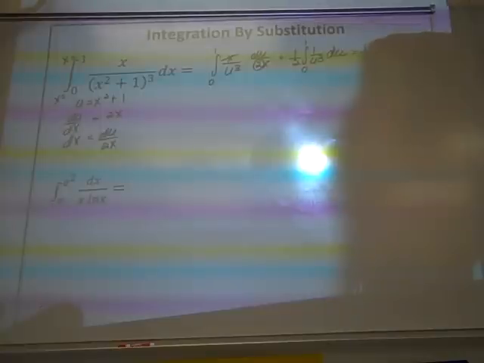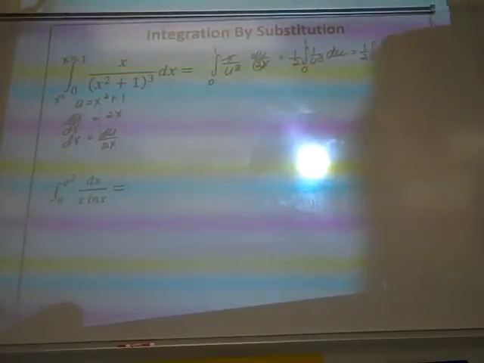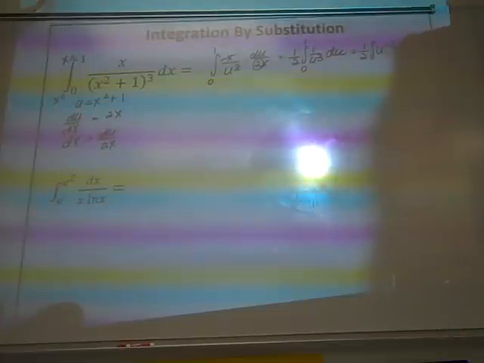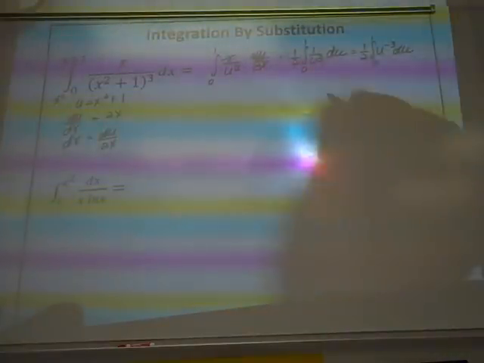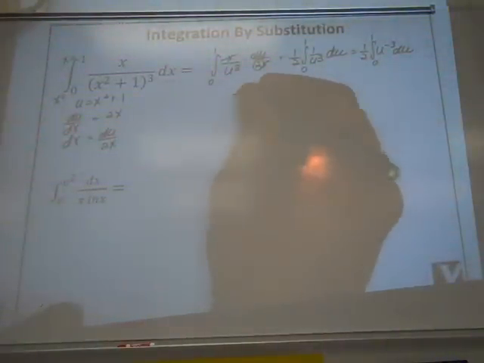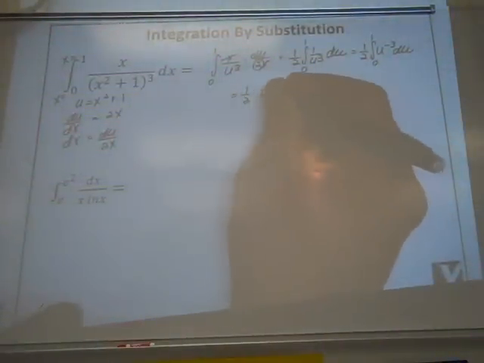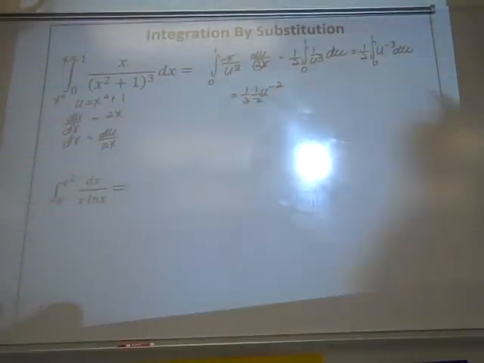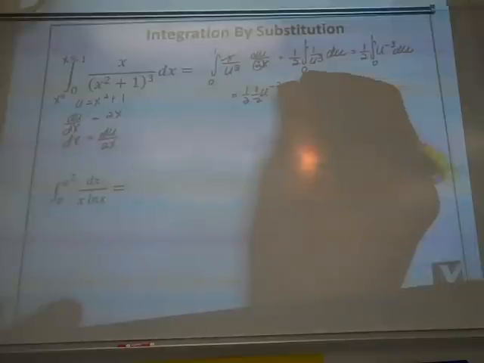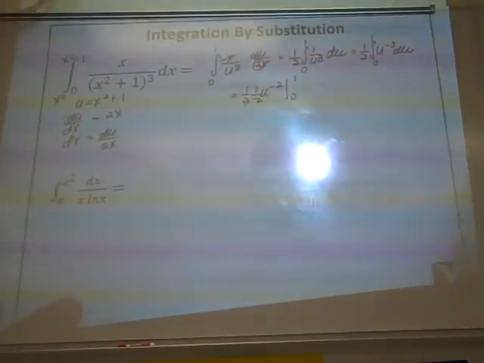They'd say, all right, well, let me rewrite 1 over u cubed as u to the negative 3rd du, again, using 0 and 1. U to the negative 3rd, I'm going to integrate as add 1 to the power, so it's u to the negative 2, times 1 over negative 2. Because it's a definite integral, we're just going to go from 0 to 1.